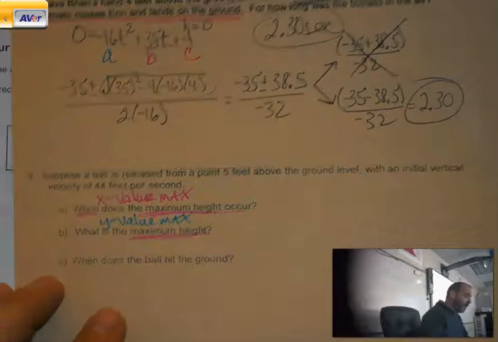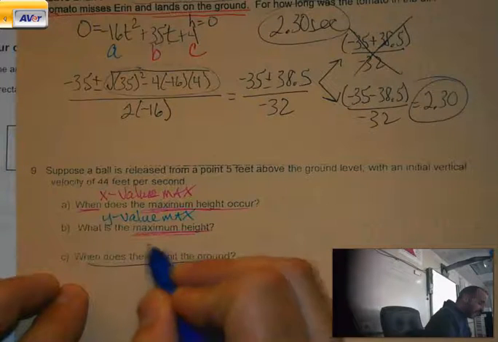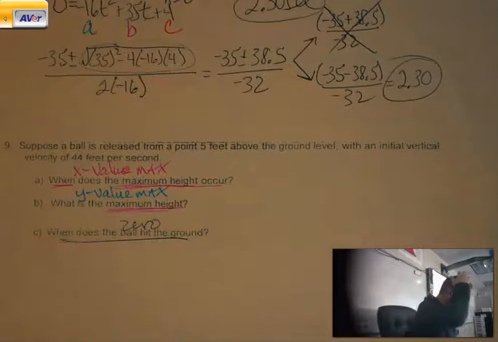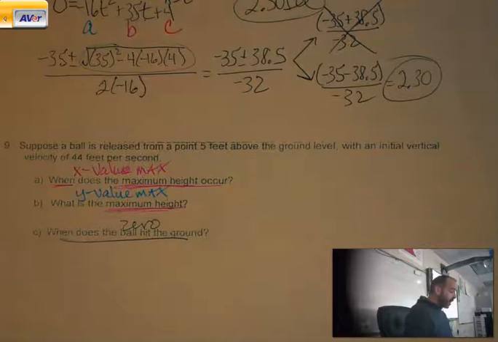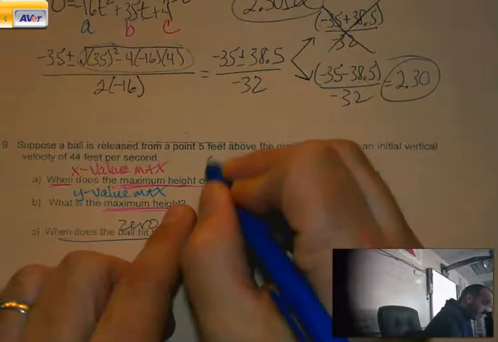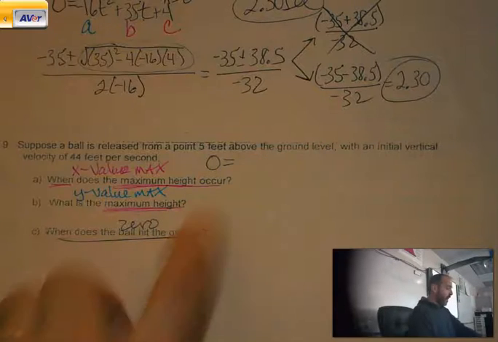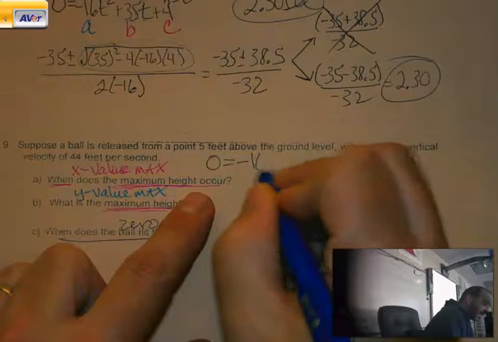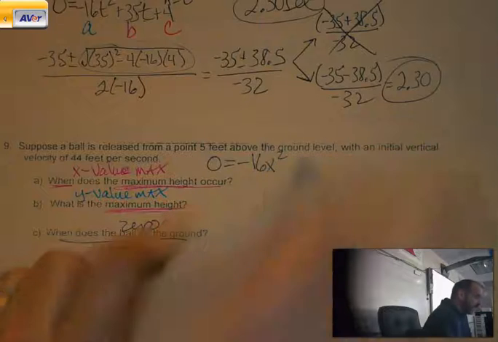Oh, and then we get to have more fun. When does the ball hit the ground? 0. We get all the things on this one. Oh, this is like the super duper question. Okay. So once the ball hits the ground, my h is going to be 0. Gravity has not changed. I'll use x this time instead of t.